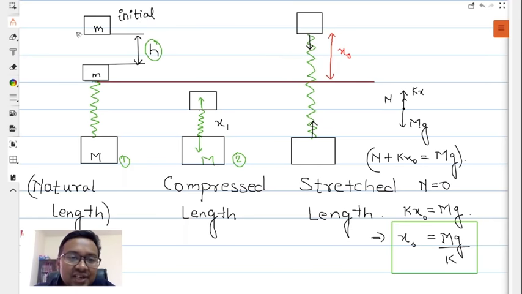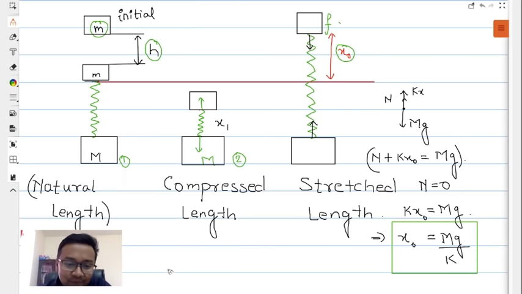So my initial is when this block is at a height h, and my final is when the extension in the spring is x naught. In between is not my concern. Whatever is happening in between doesn't interest me. I am only interested in initial and final.